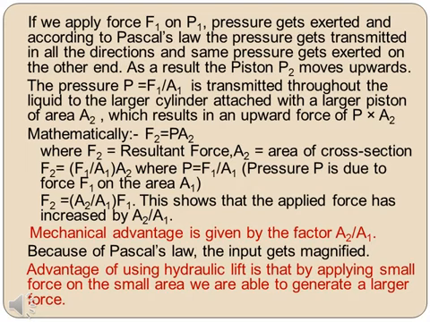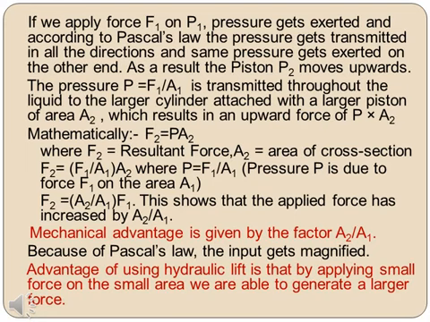As a result, the piston P2 moves upward. That is, the pressure P equal to F1 by A1 is transmitted throughout the liquid to the larger cylinder attached with a larger piston of cross-sectional area A2, which results in an upward force of pressure into its area of cross section.